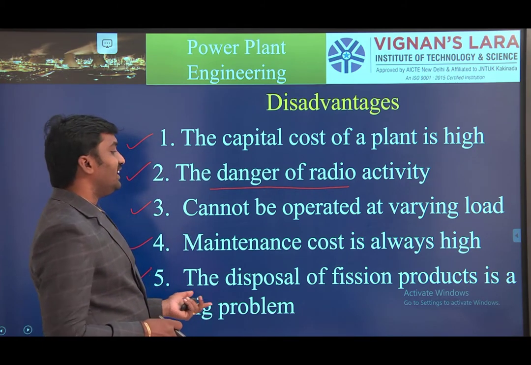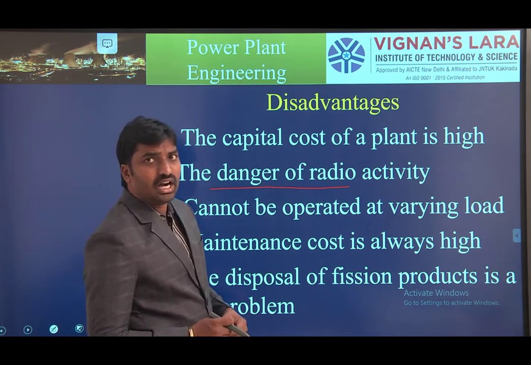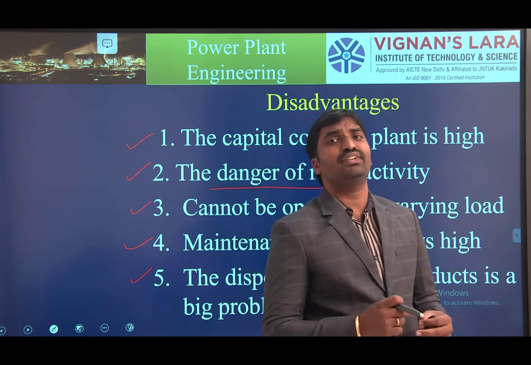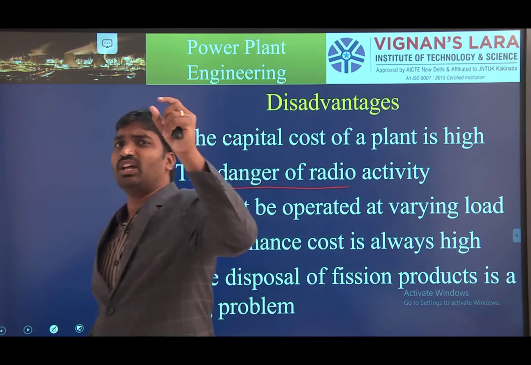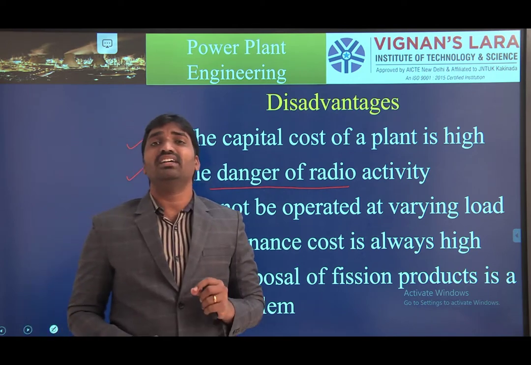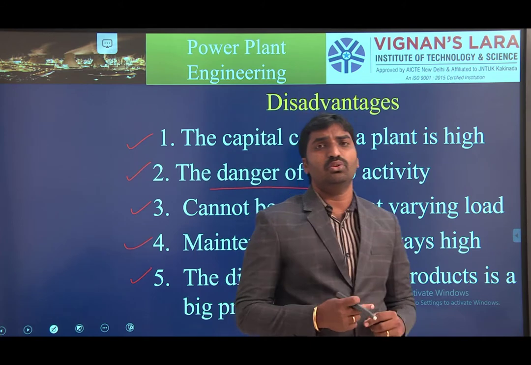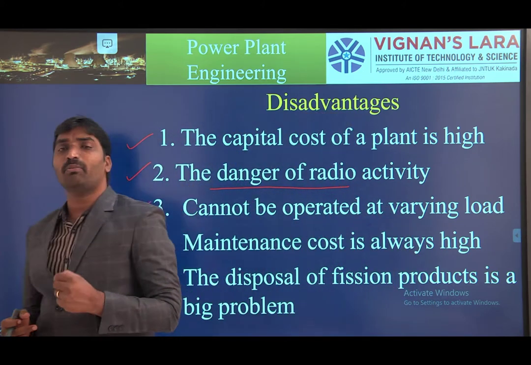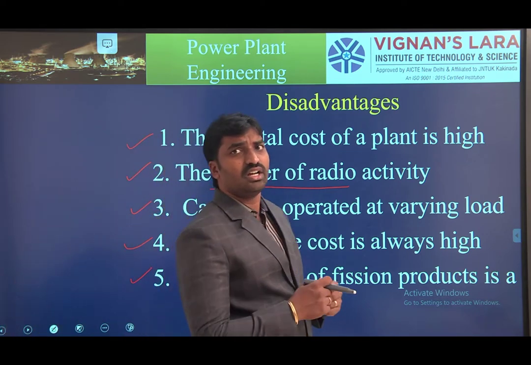And the disposal of fission products is a big problem. After the completion of the nuclear fission chain reaction process, we get a very small amount of waste, but it continuously emits radiation. It is a low amount, but it has a very high effect on human beings, and it also affects other animals.